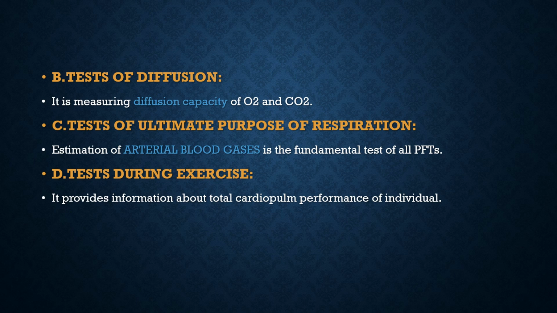The exercise can be performed on a treadmill or cycle ergometer, etc. So the measurement of pulse rate, minute ventilation, oxygen uptake and ABG tension during the graded exercise are very useful, especially when the cause of dyspnea is obscure or unknown.